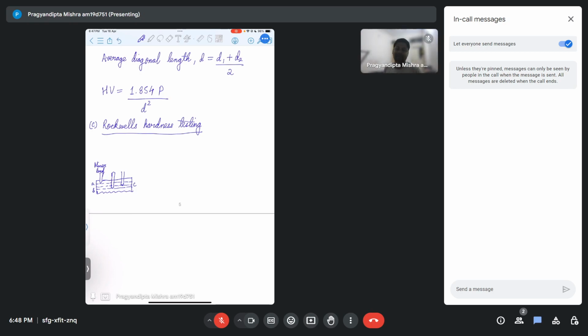Okay, so essentially what is happening, step by step, if we write it down: first apply minor load. After that, major load is applied and then removed.